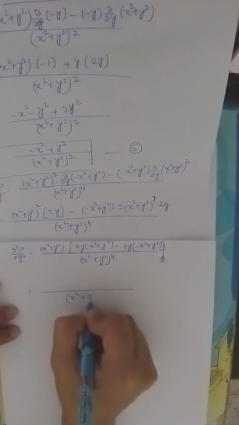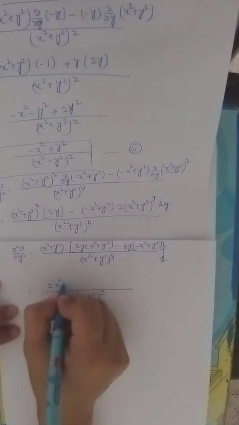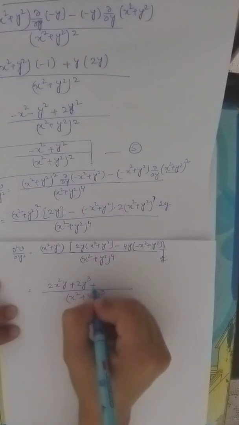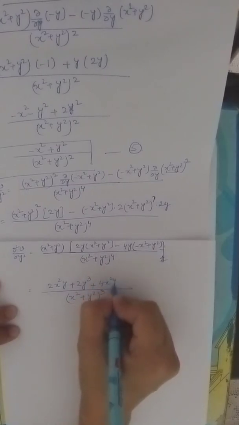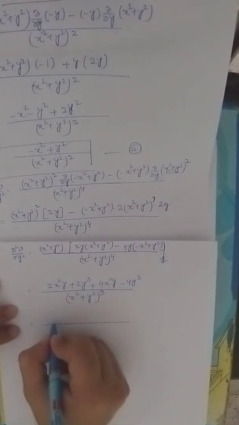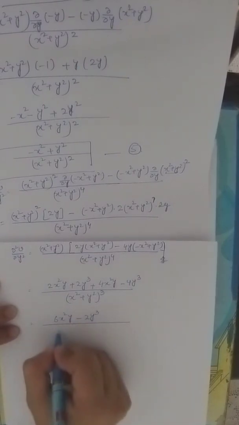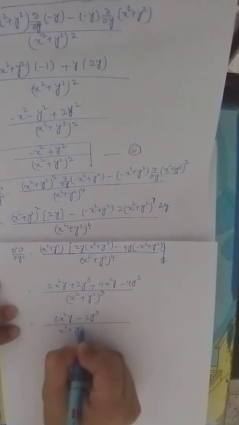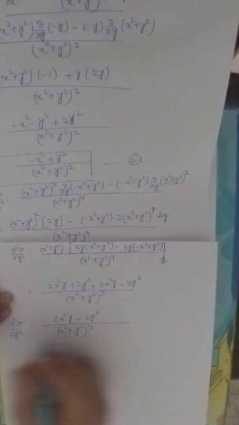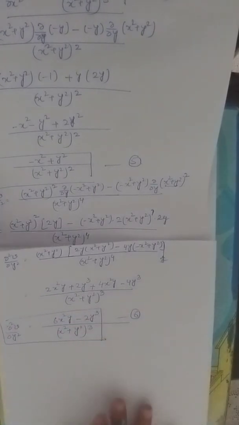In the denominator I will get x square plus y square whole cube. In numerator 2x square y plus 2y cube minus minus plus 4x square y minus 4y cube, or this is equal to 6x square y minus 2y cube divided by x square plus y square whole cube. It is ∂²v/∂y², and let us call this equation as equation number 6.